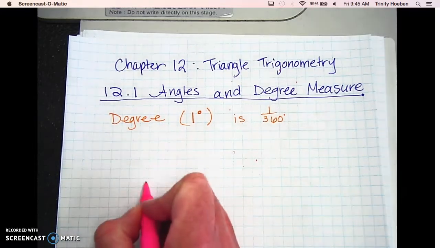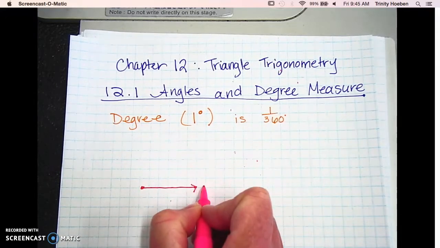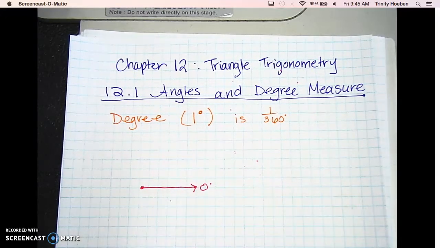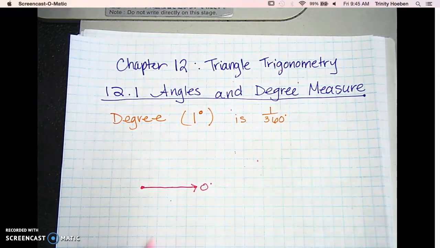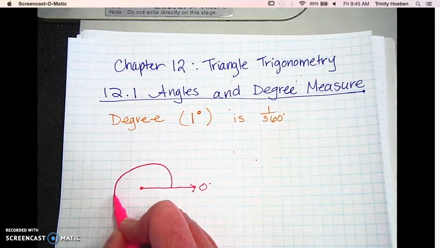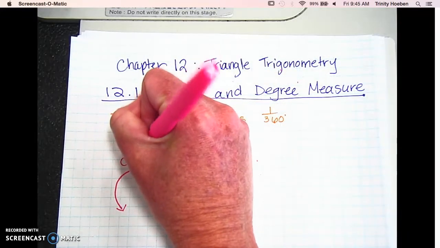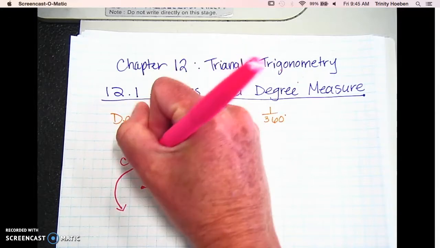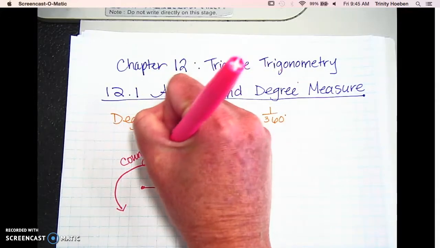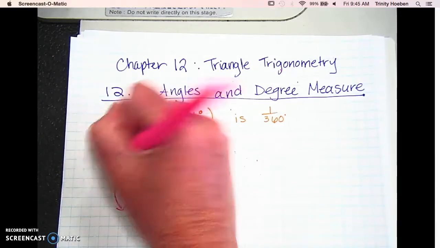So if you have an angle starting right here at roughly 0 degrees, and you go counterclockwise with it, that's going to be in the positive direction.